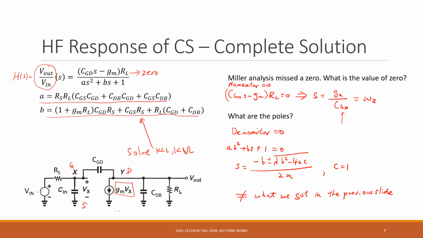And then we also say that this is just an approximation. If you want to get the full, complete solution, you need to solve the small signal model, right? And you realize that we are missing the zero, and also the pole is not exactly accurate. But how do you solve it?